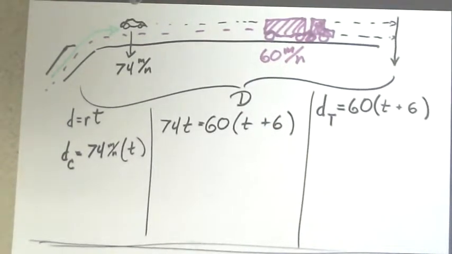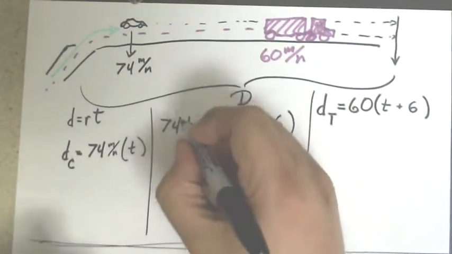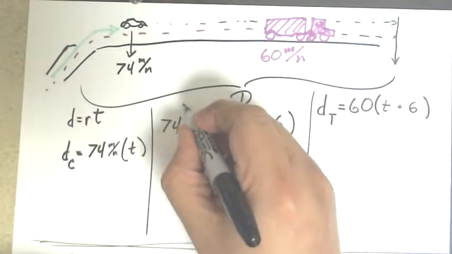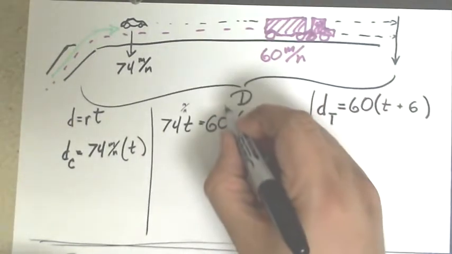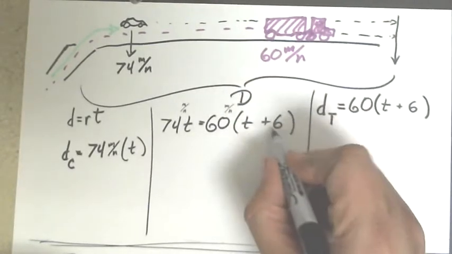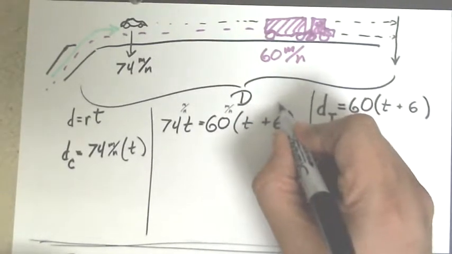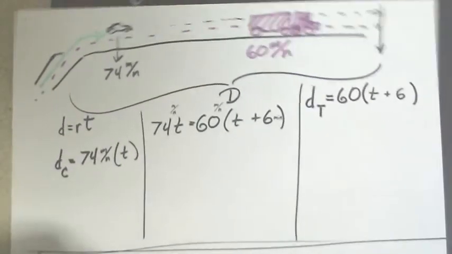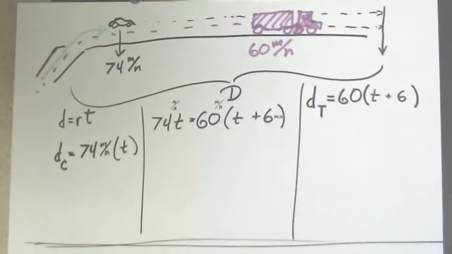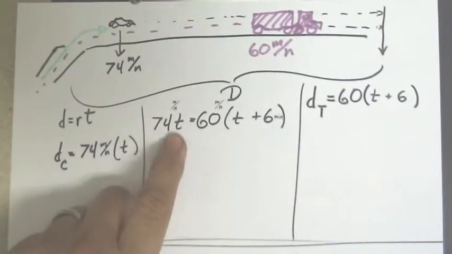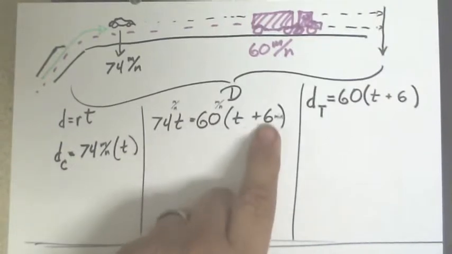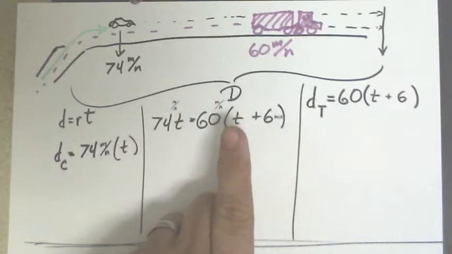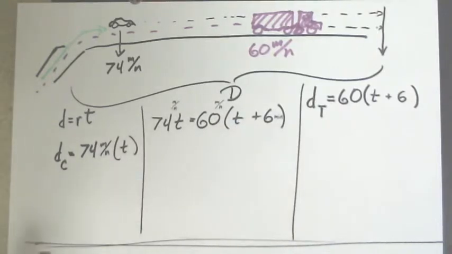The problem with that is that this 74 is miles per hour, that 60 is miles per hour, and this 6 is minutes. So this is in terms of hours, this is in terms of hours, this is in terms of minutes. Either everything has to be hours or everything has to be minutes, or this won't work.